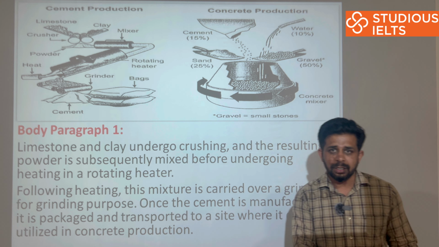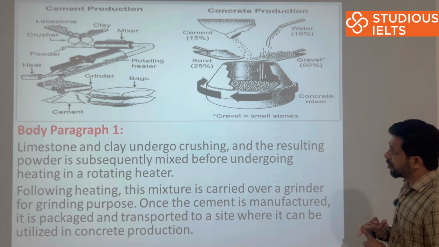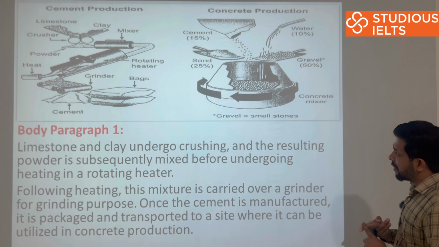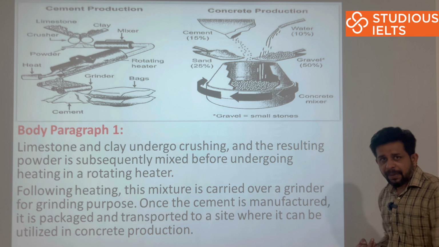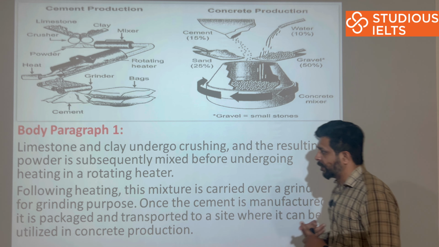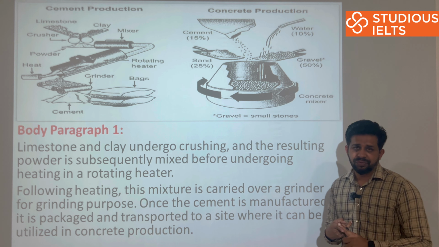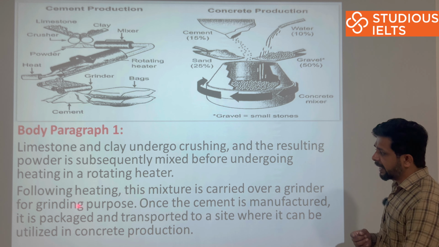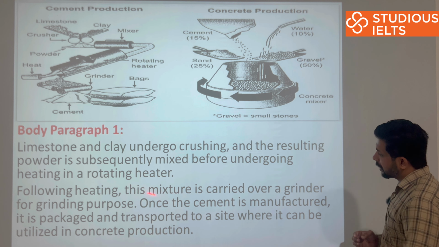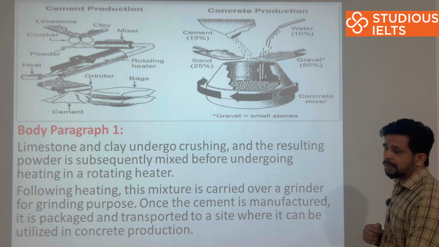So firstly, in this process, what happens? Two things are crushed together, right? And finally, there is a powder that comes out of that crushing, which is mixed and put into a rotating heater, where it is heated further. Following heating, what happens? This mixture is carried over to a grinder for grinding purposes.